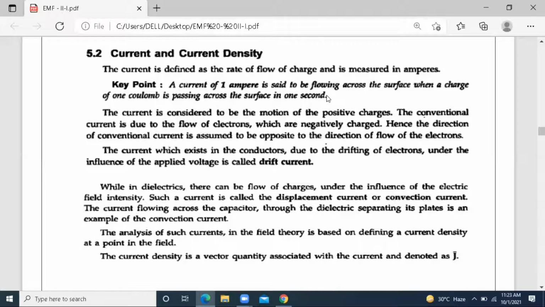The current which exists in the conductor due to the drifting of electrons under the influence of applied voltage is called drift current.